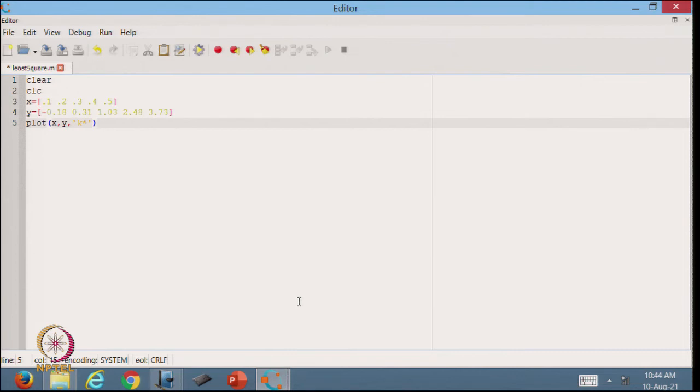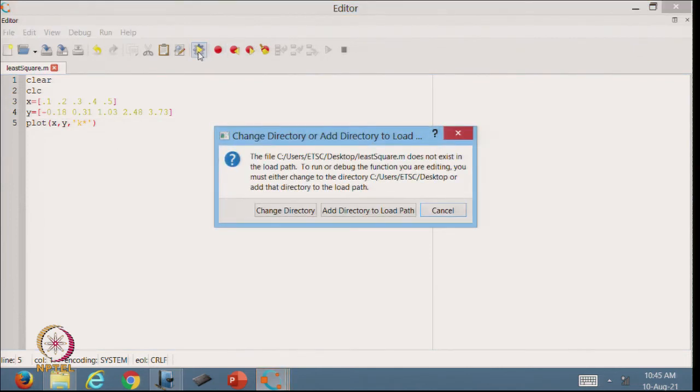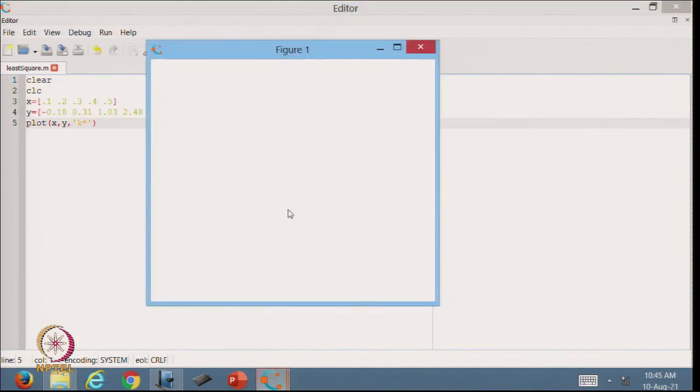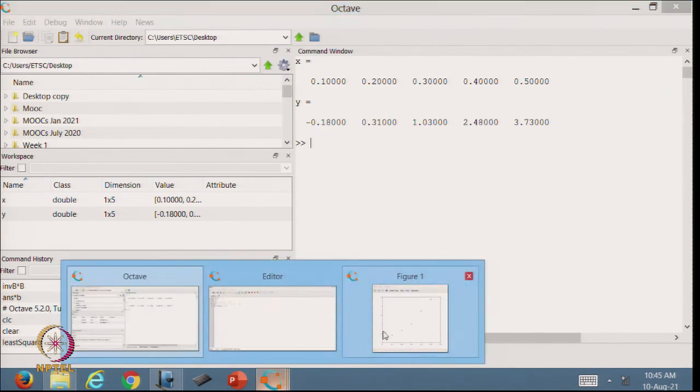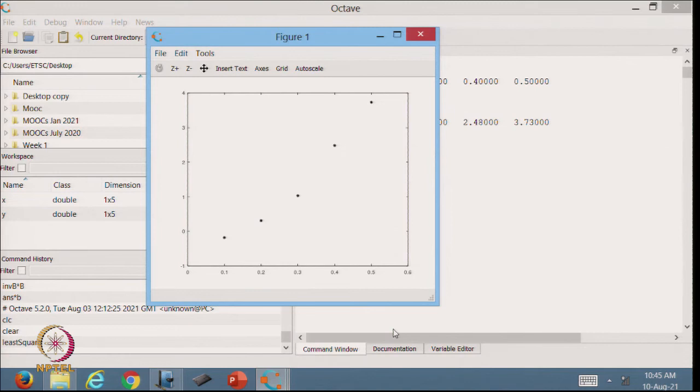If I stop here and run this, okay, it asks to change directory. So, this is my x coordinates and the y coordinates, and this is my plot. You can see that we have 5 points, 1, 2, 3, 4, 5, and they do not lie on a line.